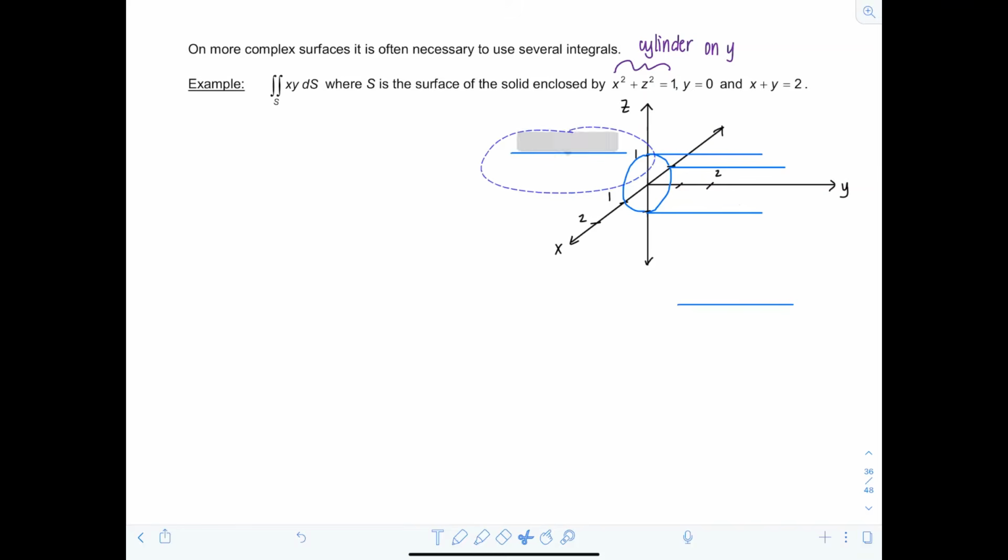The precision is necessary with these problems just so that your graph comes out nicely. Okay, there's our cylinder. And then also, I'll draw in that y equals 0 is bounding part of the solid, the xz plane. And then x plus y equals 2, so that's another plane that's bounding our solid.